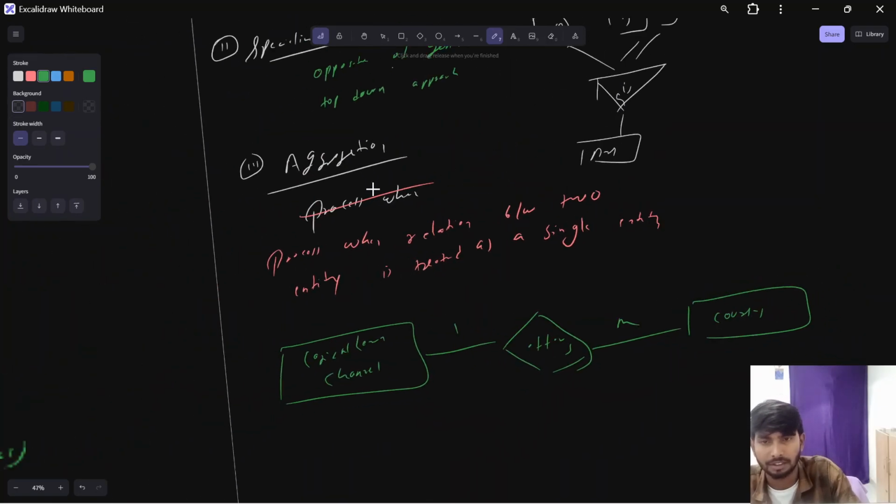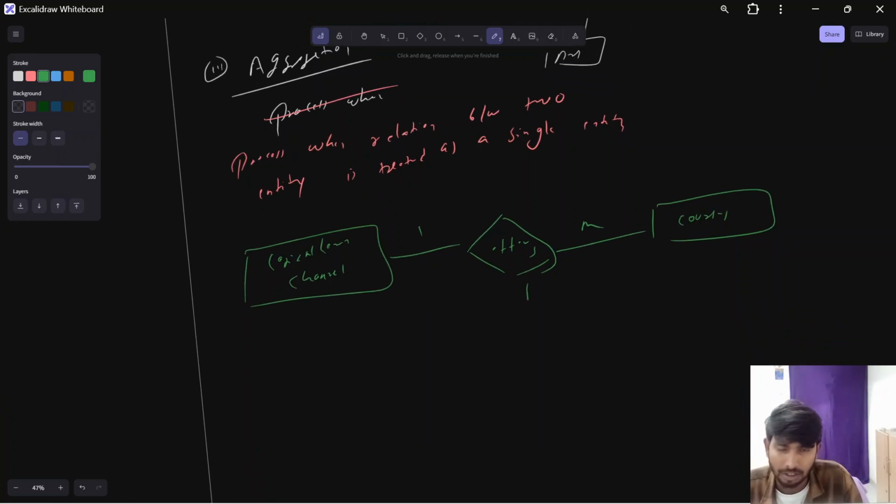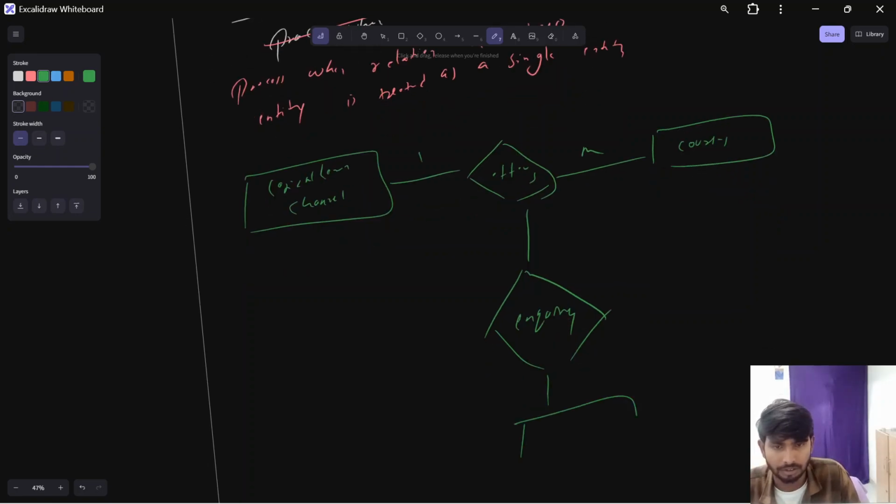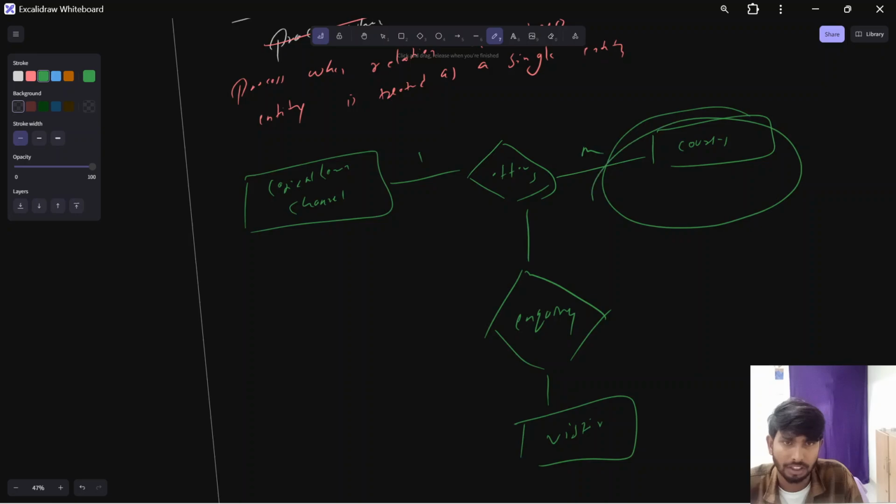Second, this is for the inquiry: visitors inquire about the courses. There are many courses and many students, and a visitor can be many.